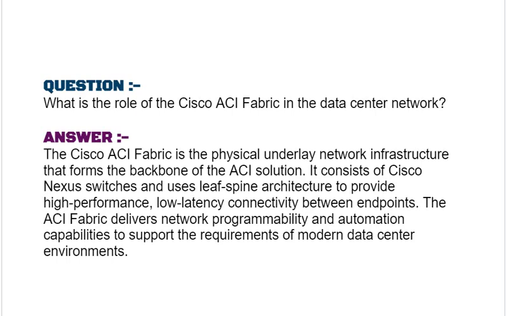It consists of Cisco Nexus switches and uses leaf-spine architecture to provide high-performance, low-latency connectivity between endpoints. The ACI fabric delivers network programmability and automation capabilities to support the requirements of modern data center environments.